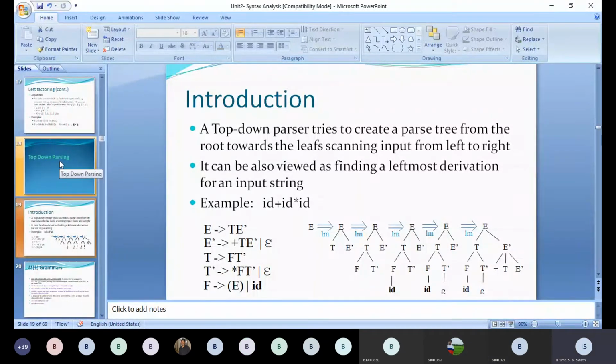So in top-down parsing, we are going to analyze, or replace, a particular expression with its values in a top-down manner. This is one example of the top-down parsing method.